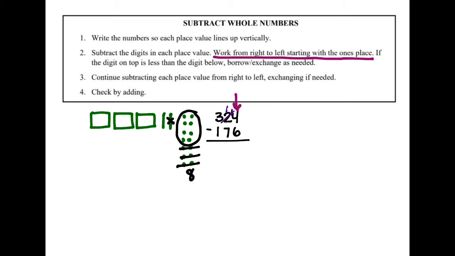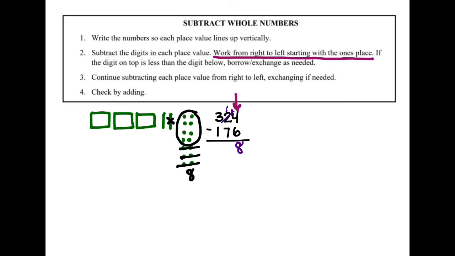So this 1 represents the 1 rod that we have left, and that 1 is a 10, so that's 14. That 1 represents these 10 that we added in. And now we can subtract. Okay, so 14 minus 6 is 8.